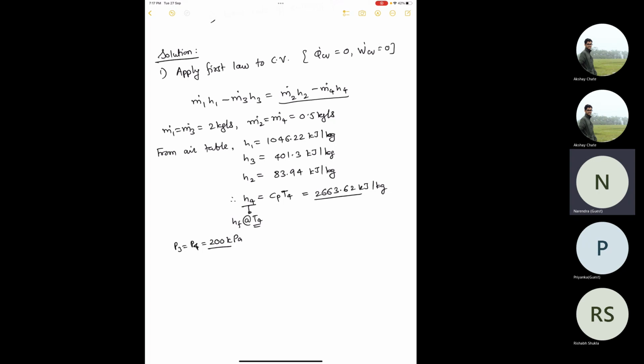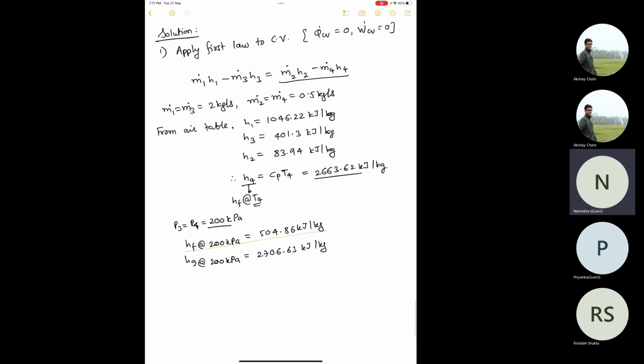So you can just check HF at 200 kilopascal, and I have that value, 504.86 kilojoule per kg. Hg at 200 kPa is 2706.63 kilojoule per kg. But this value, that H4 we got from the calculation, is somewhere in between, right?